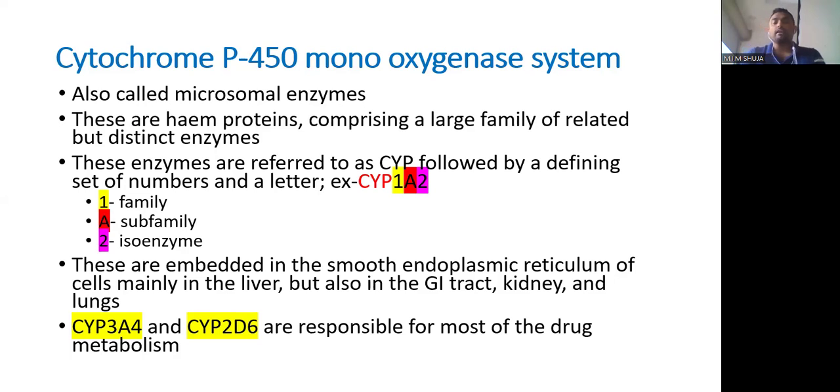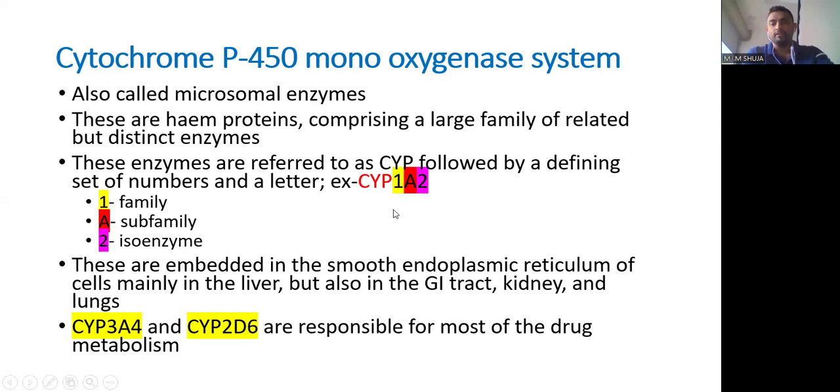So if they are referring to the enzyme using a CYP classification, they say for one enzyme it is CYP1A2. CYP means the group of the enzyme, microsomal enzyme.